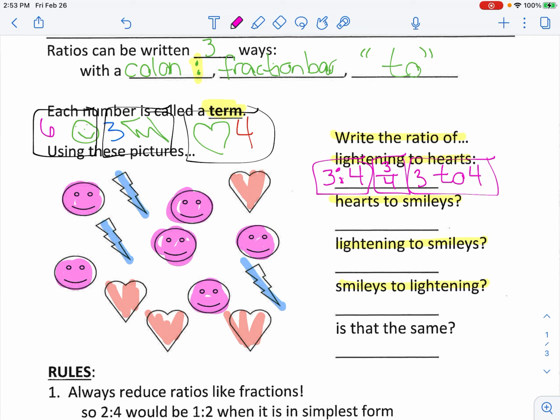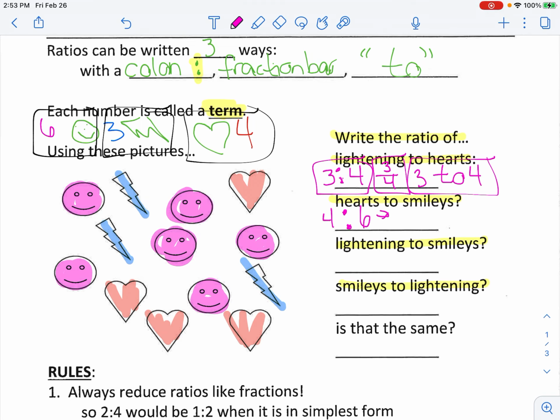All right, let's try hearts to smileys. So I have 4 hearts. If the word hearts comes first in the question, the number of hearts has to come first in our answer. So I could either use a colon. I have 6 smileys. Now, we always have to reduce ratios to lowest terms. So 4 to 6, 4 and 6 are both divisible by 2.